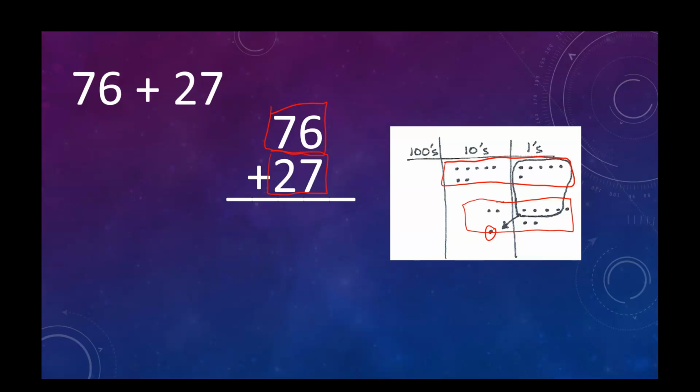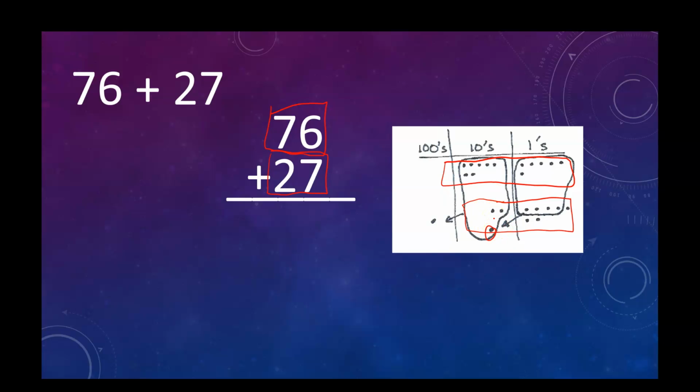Now let's look at the tens place. The top we have 7. Let's count on from 7 to see if we can bundle any to go in the hundreds place. So 7, 8, 9, and don't forget this bottom one, 10. So we can bundle all of these up and move them over to the hundreds place there. So we have 100. We now have 0 tens, and we have 1, 2, 3 ones left. So our answer is 103.